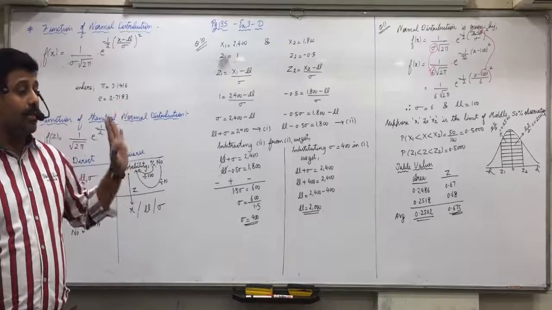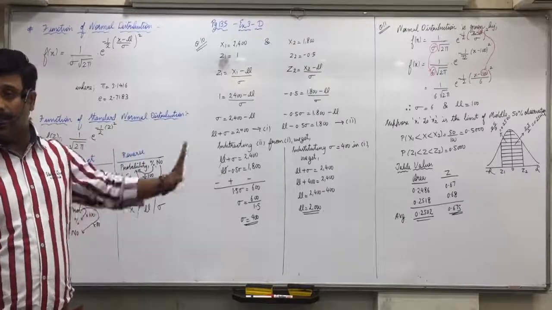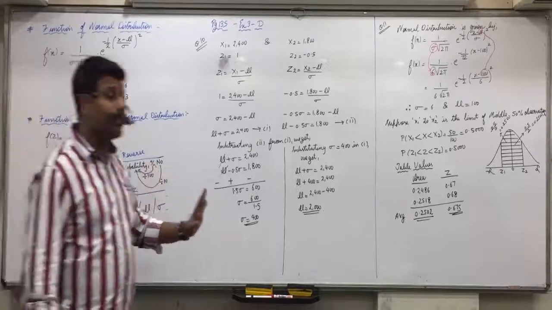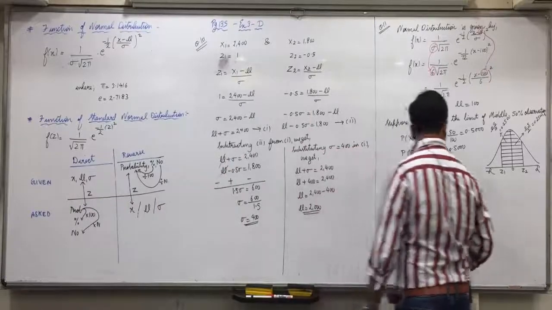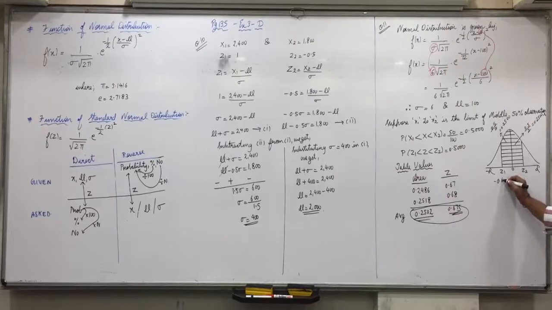Any confusions? From the table, 0.2500 is not there, so this procedure is adopted. Which is the closest to 0.2500? 0.2502. So we can say z1 is minus 0.675, because it's on the left side, it will be negative.